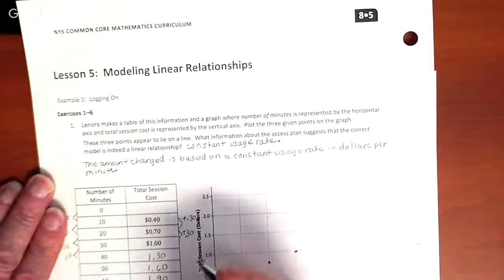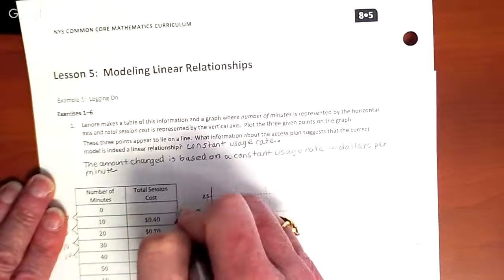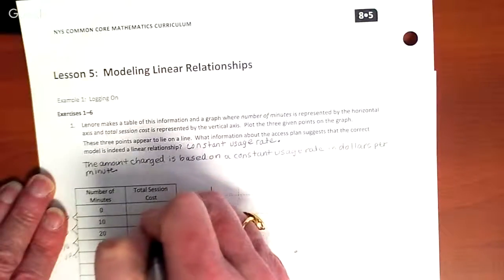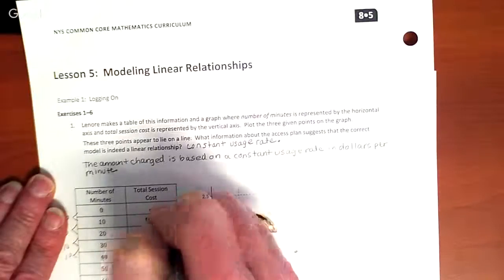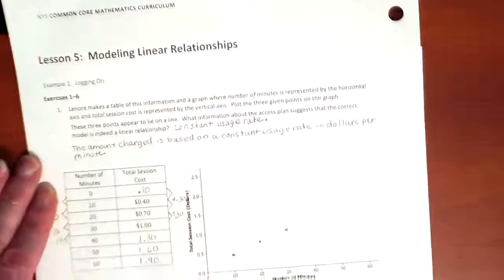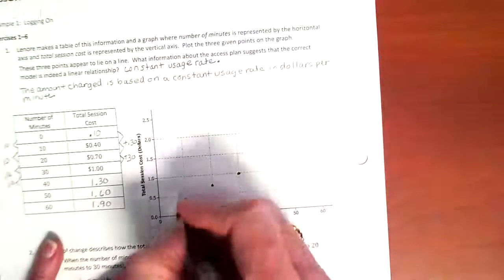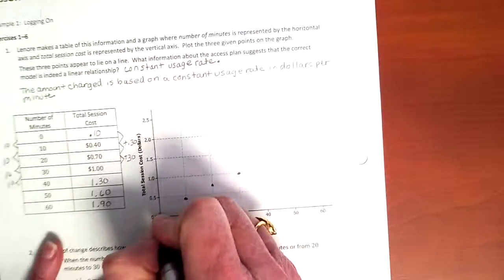We also know that we would have to subtract 30 cents here, and this would be 10 cents. So now to graph this, we would go to 0 and 10 cents.